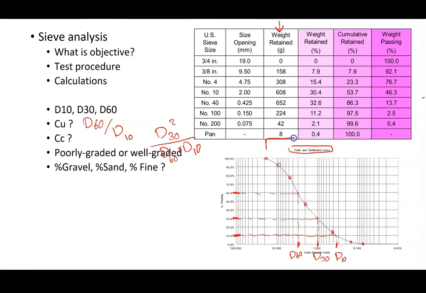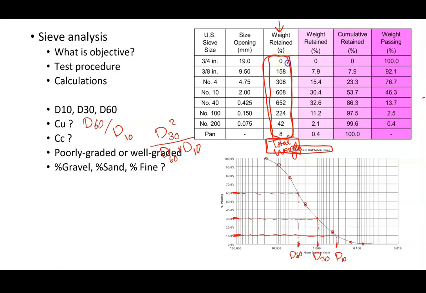Then you need to calculate total weight by adding all of these together. That will give you total weight of your soil sample.